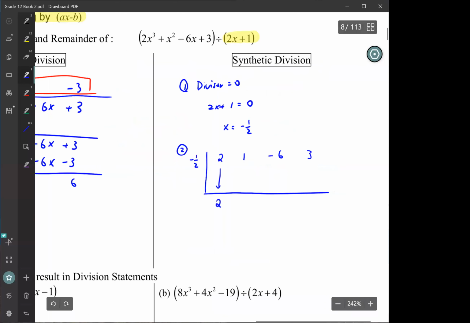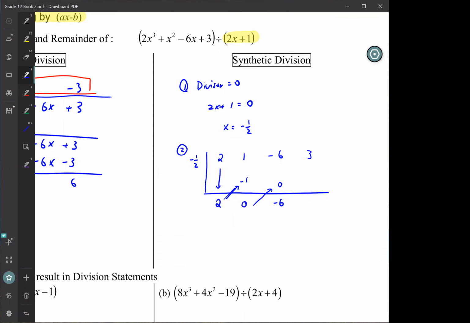And then multiply with the divisor. So 2 times negative 1/2 will be negative 1. Add together, 0. Then multiply, you get 0 again. Add together.